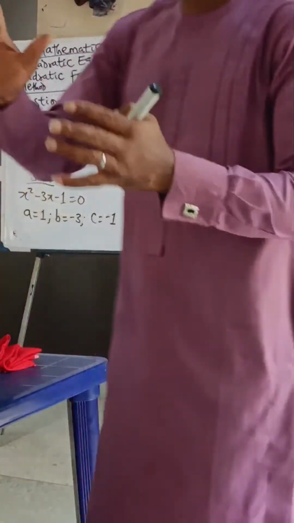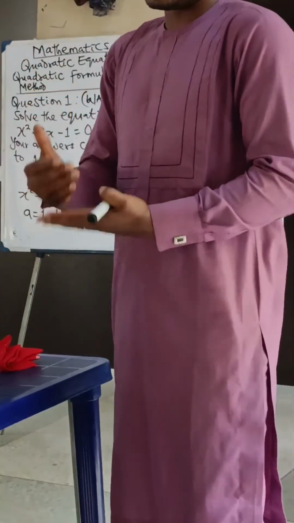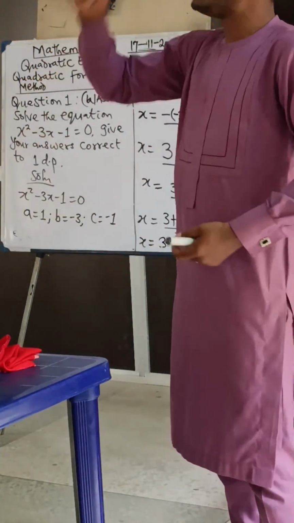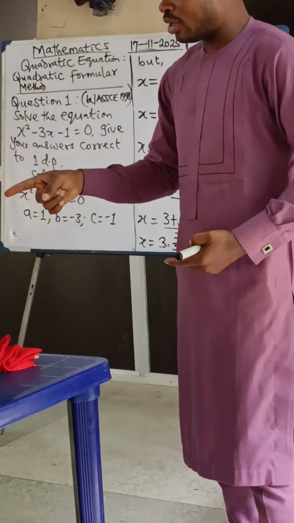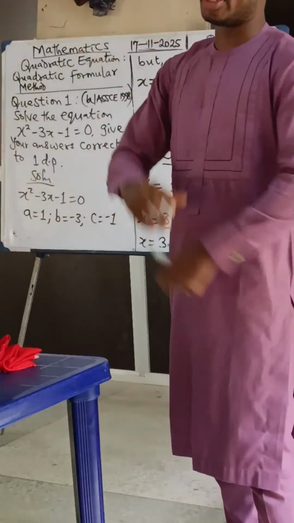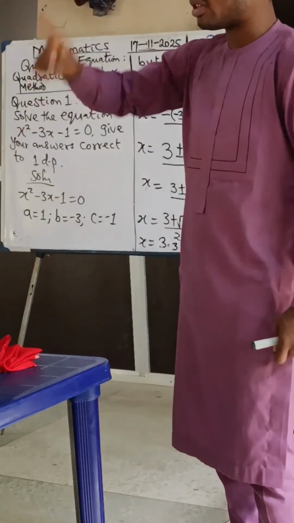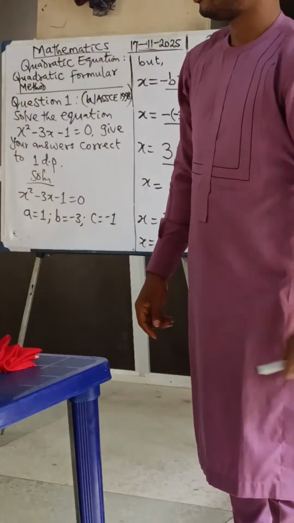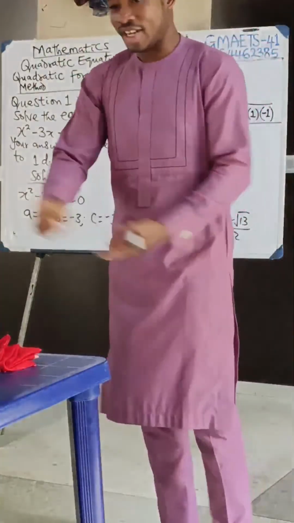But one thing about these exam bodies is, if they are giving you a quadratic equation in objectives, in 98% of the cases, there will be factorizable quadratic equations. 98% of quadratic equations you see in objective exams are usually factorizable. If it is one that cannot be factorized, you will see it under theory in most cases.